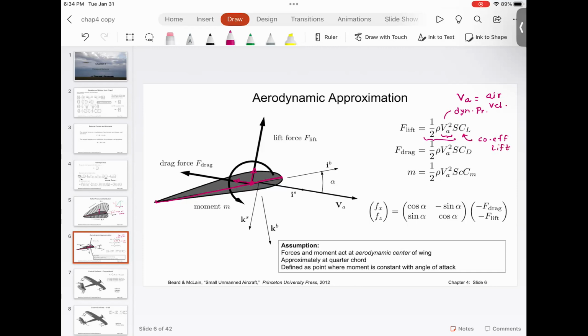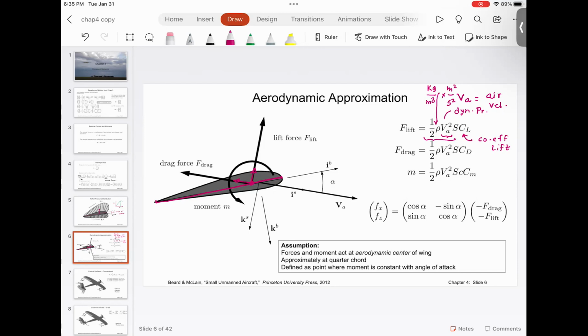Same thing is true with the drag. You have the dynamic pressure, which is 1/2 rho VA square. The unit is pressure, and rho is the density, given in kg per meter cube, multiplied by V square, which is meter square by second square.